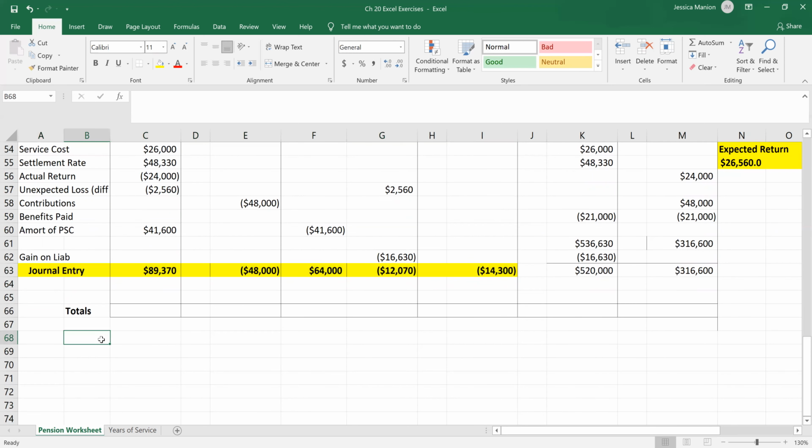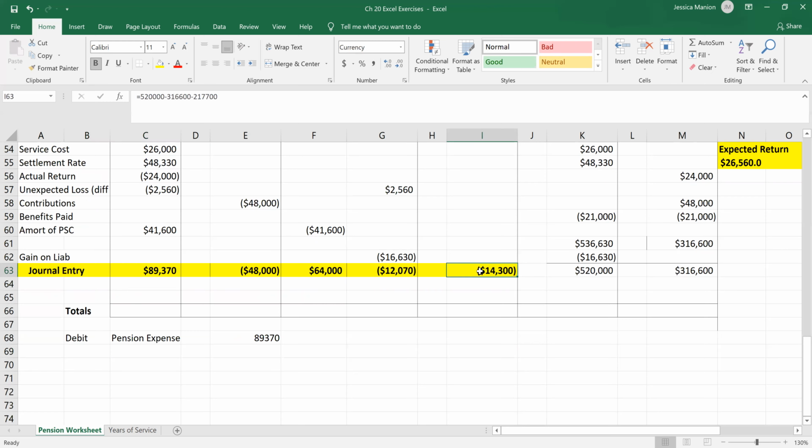Okay, so we're debiting pension expense for 89,370. So that's our pension expense.